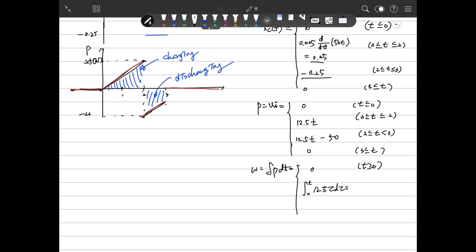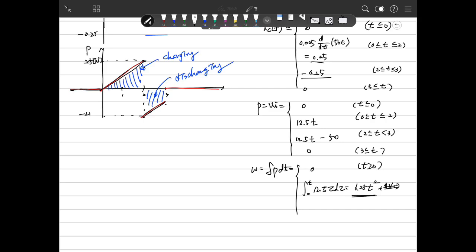Because of that, 6.25 t squared, and there will be a term at 0, but in this case it's 0, so there will be the answer.